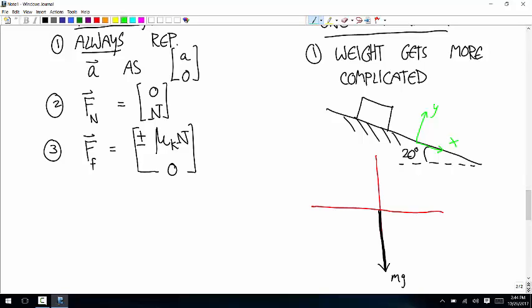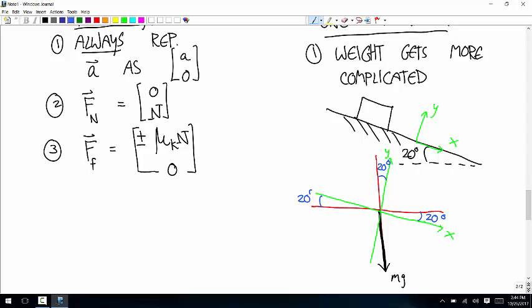Now the coordinate system is like this. Where this is the positive x-axis. This is the positive y-axis. This angle is 20 degrees.